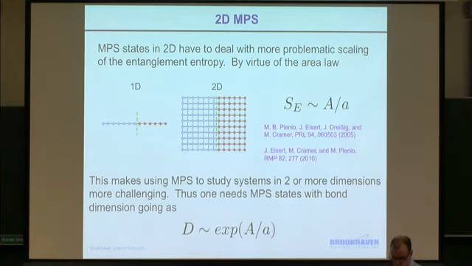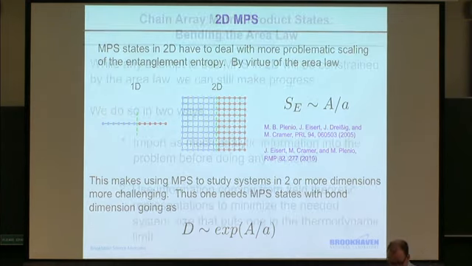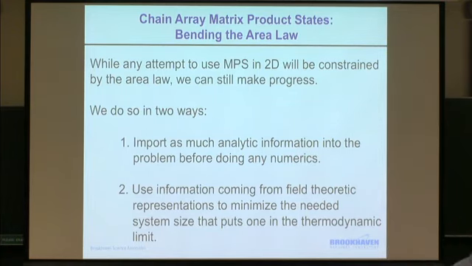Okay. So, how do we get around this area law problem? Well, we can't certainly just move it completely to the side, but the way we approach the problem is that we have two strategies. One strategy is to take as much analytic information as possible and put it into the problem before we do any numerics.